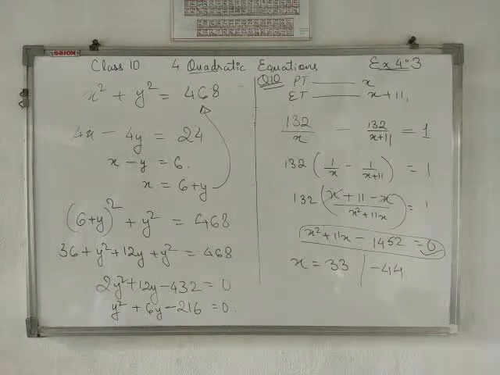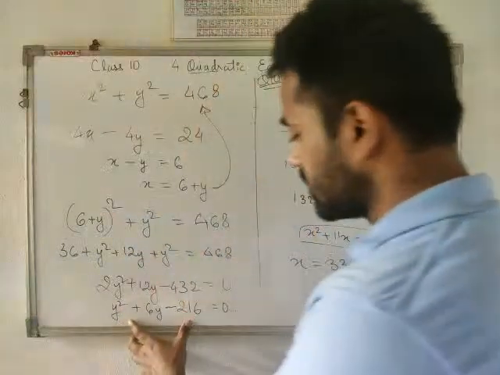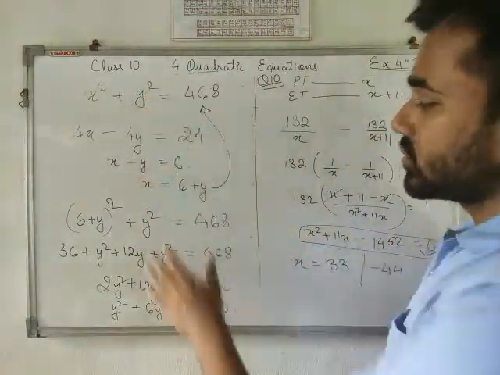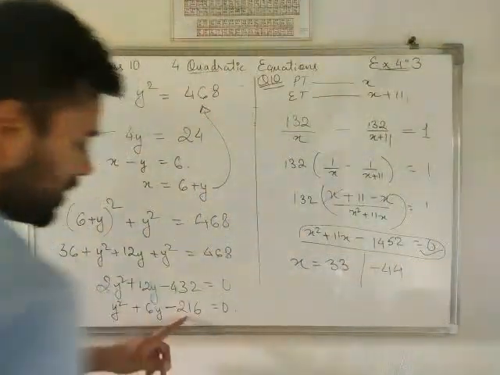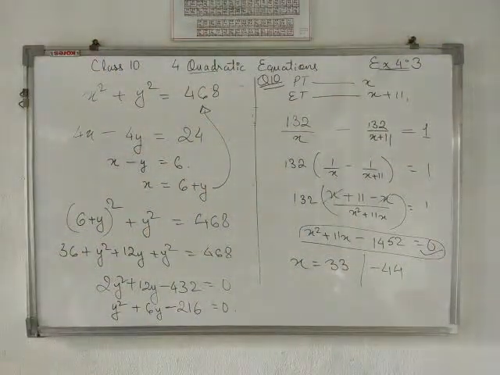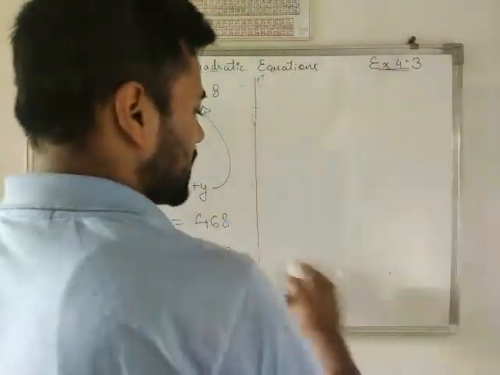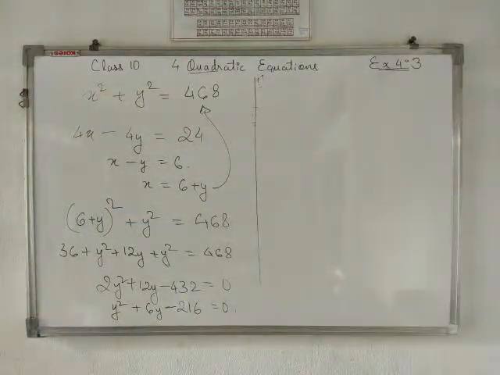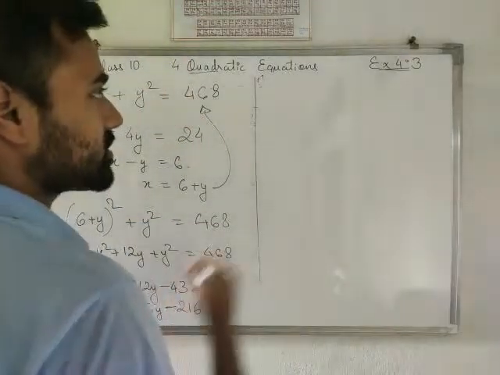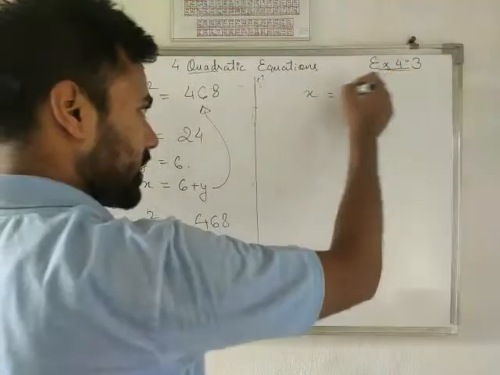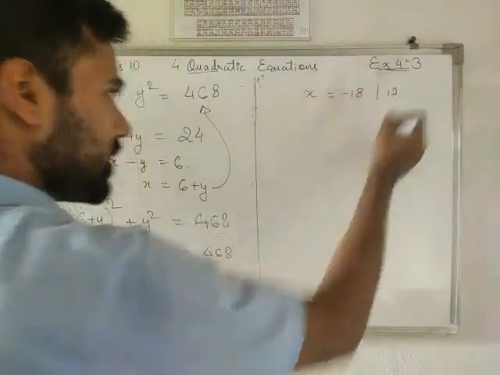Okay. So now after solving this, we can easily calculate. This one is 6 ka cube, na? So 6 ka cube matlab 6, 2 into 6, 2 into 6 and 3 into 6. So 18, and 18 minus 18 and plus 12.